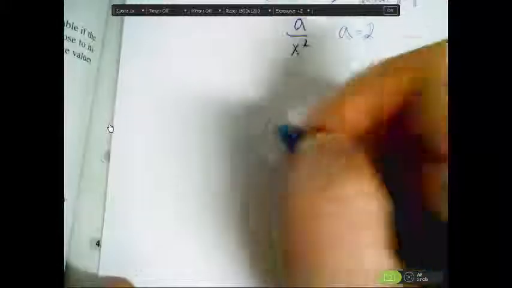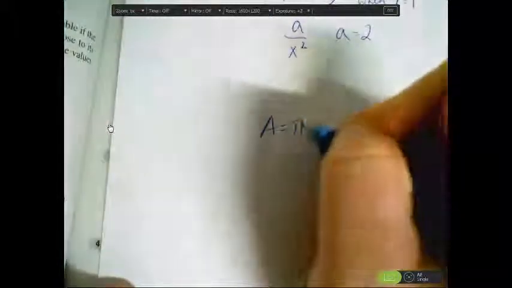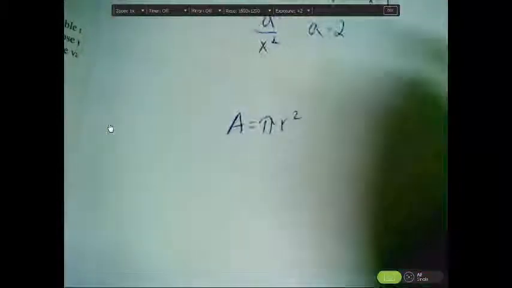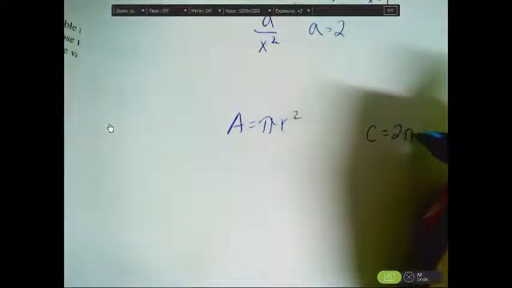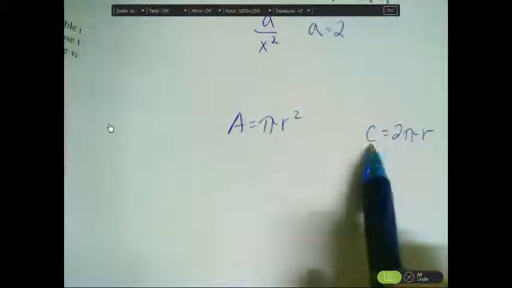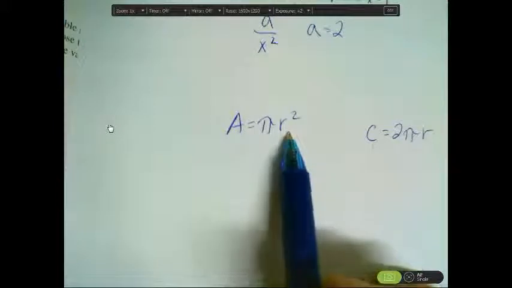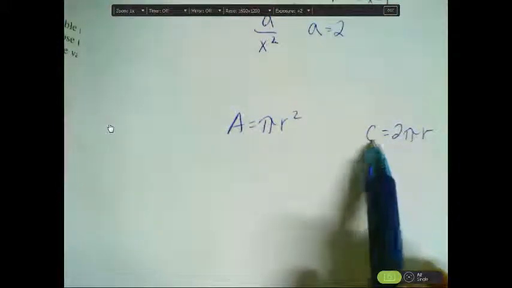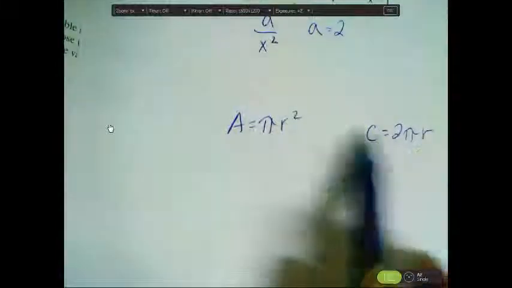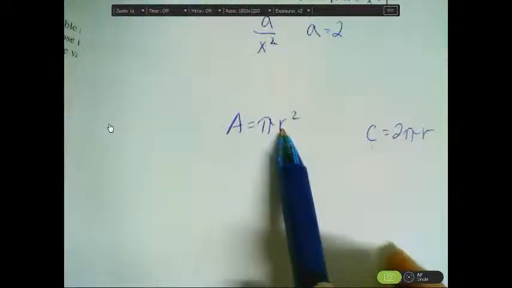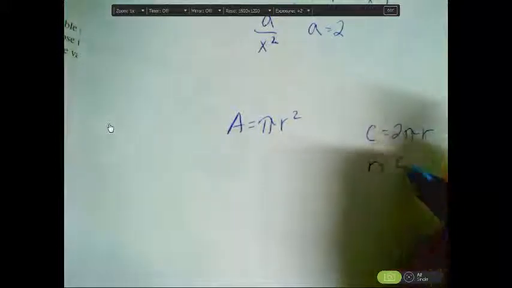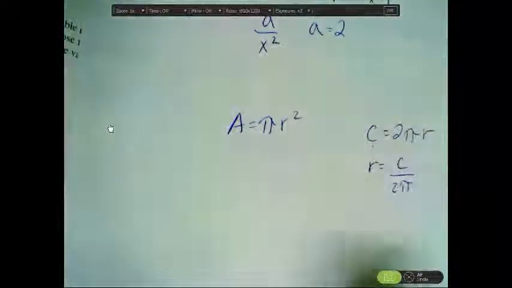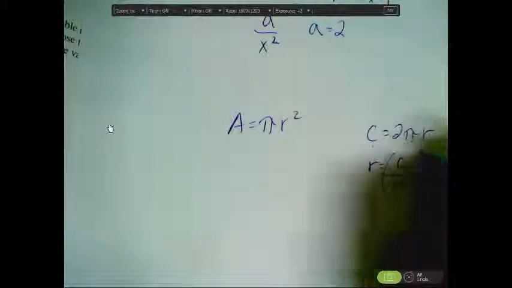Well, hopefully you know area equals pi r squared. And hopefully you also know that circumference equals 2 pi r. But I need circumference to be in this formula because it wants area as a function of the circumference. So I need to solve this equation for r and then stick it in there so that there's a c. So r equals c over 2 pi. And then I'm going to have to square that in order to put it in here.